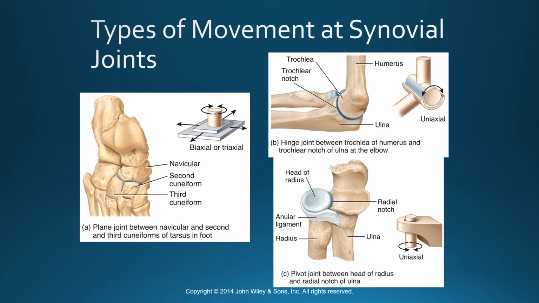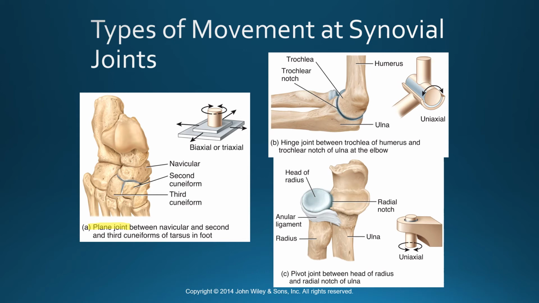So the articulating surfaces in a plane joint are flat or slightly curved. Plane joints primarily permit back and forth and side to side movements between the flat surfaces of bones, but they can also rotate against one another.